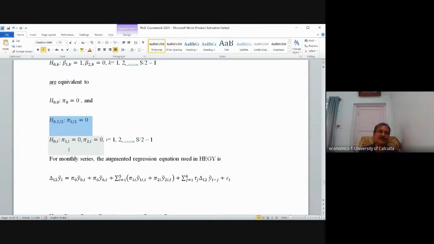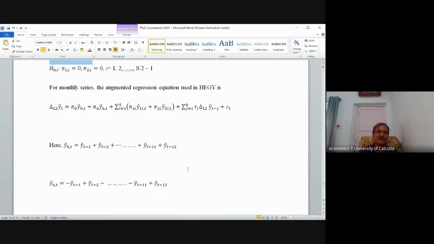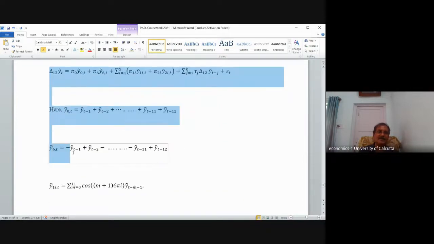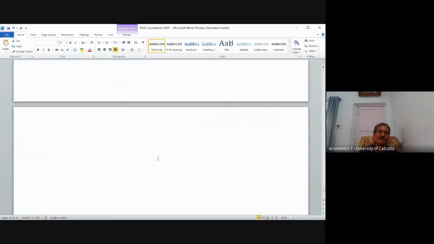And the third one, pi 1 I equal to 0, pi 2 I equal to 0. Okay. I have written here the similar expressions for monthly series, but you try at home independently. What would be the expression for monthly series?